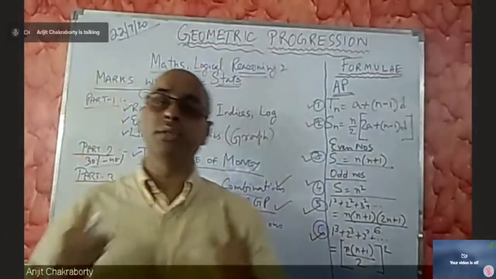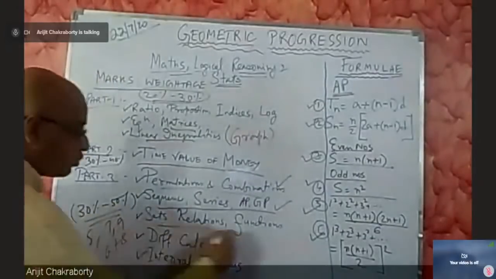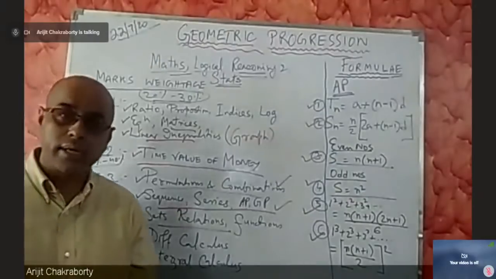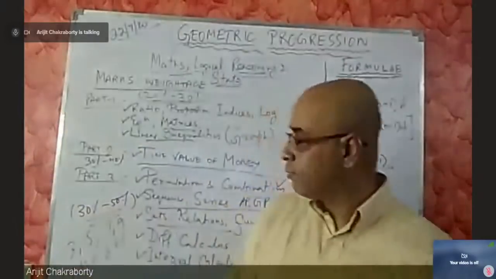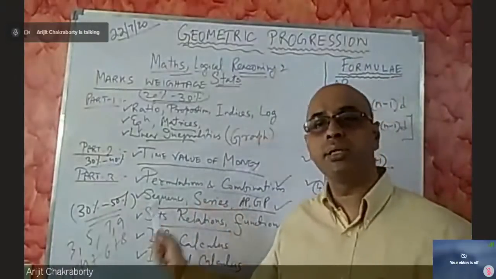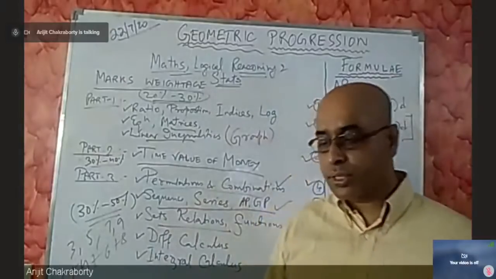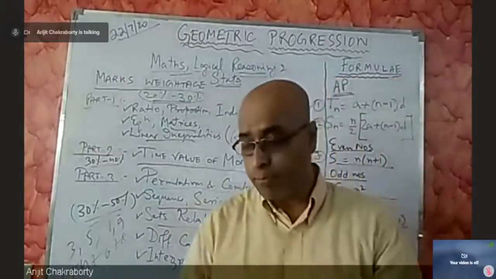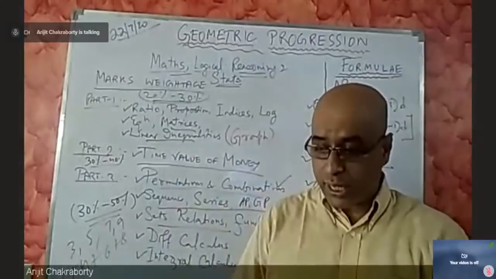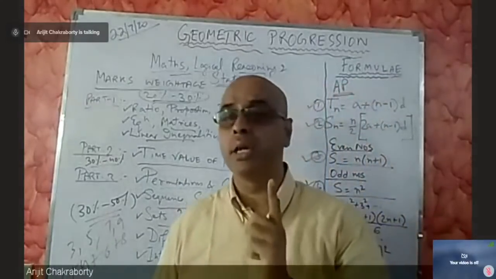So we will study set theory, Venn diagrams, etc. And for the last 2 days we have differential calculus and integral calculus. So this part 3 will have permutation, combination, sequence, series, AP, GP, sets, relations and functions, and the basic applications of differential calculus, applications of marginal cost and marginal revenue.